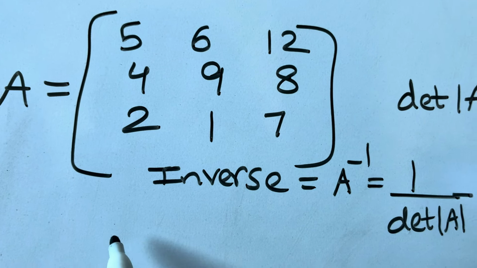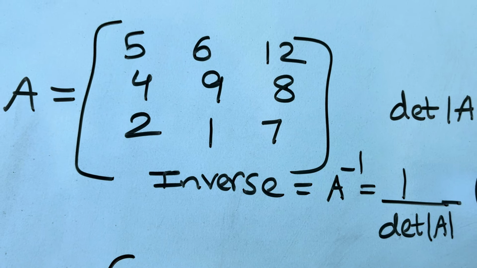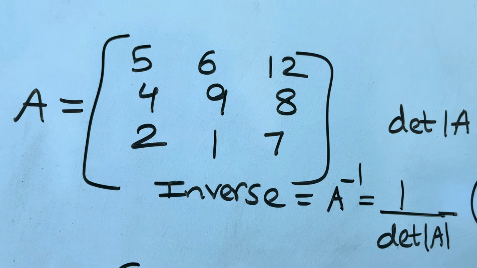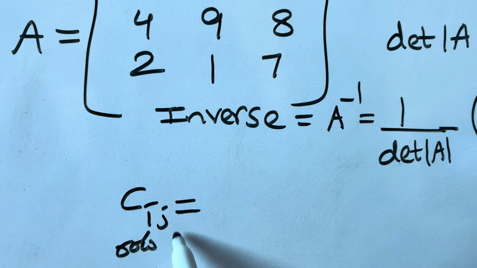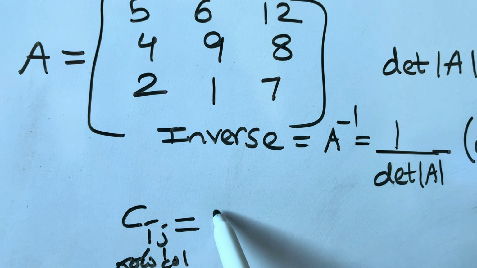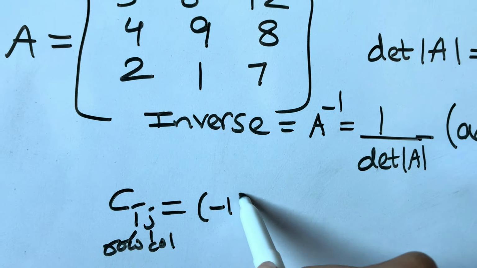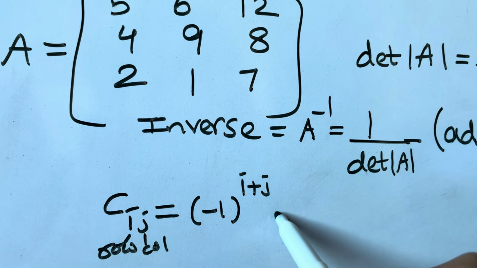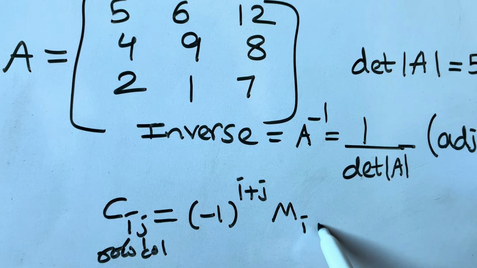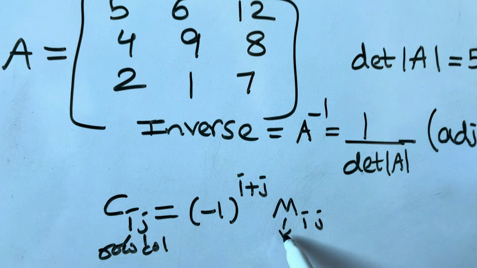Let me write down the general formula for the cofactor of an i, j element, where i is the row and j is the column. It can be written as minus 1 to the power i plus j, adding row and column, times the minor of i, j. And what does minor mean?